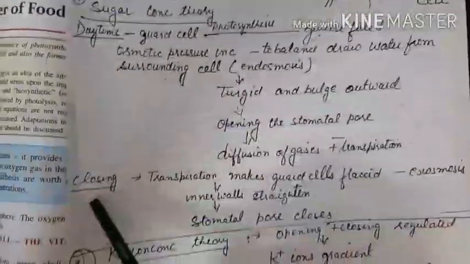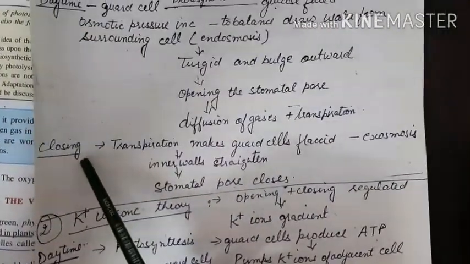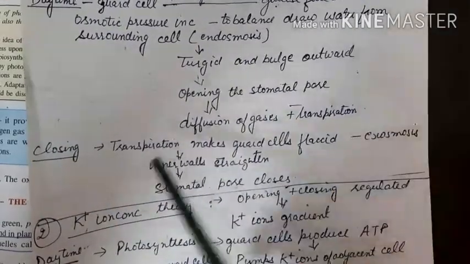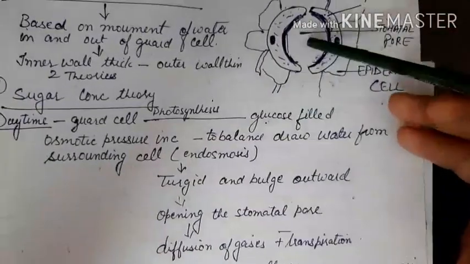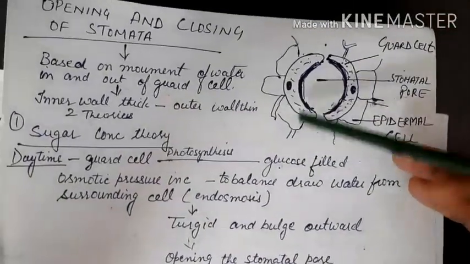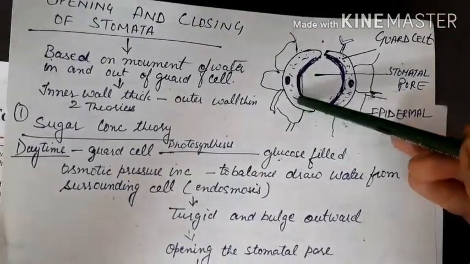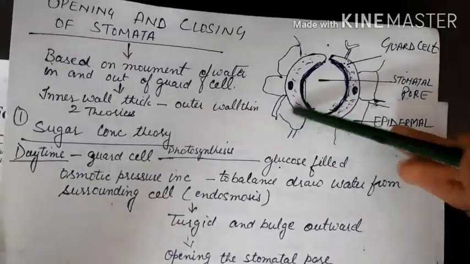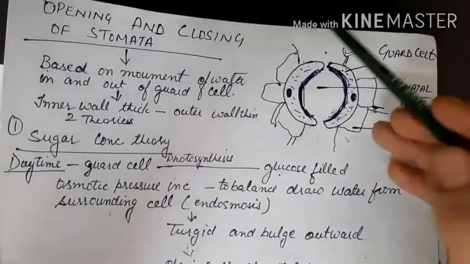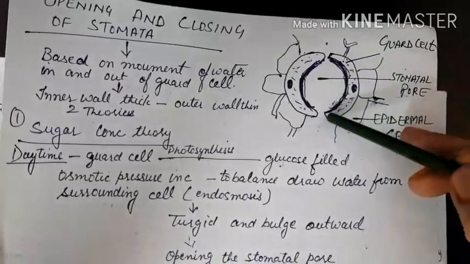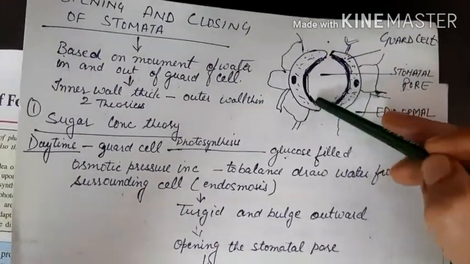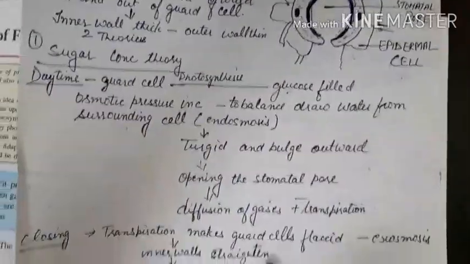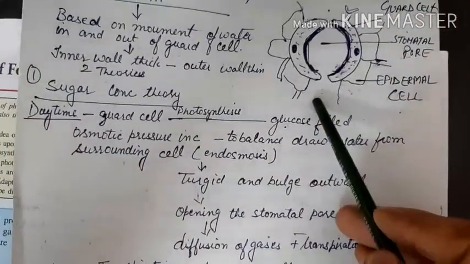During the night, the closing of stomata occurs. When transpiration has occurred, water has evaporated from these guard cells. So transpiration makes the guard cells flaccid, by the process of exoosmosis. The inner walls straighten up and the stomatal pore closes.